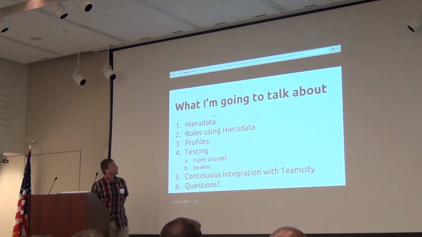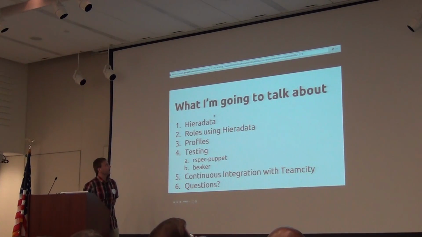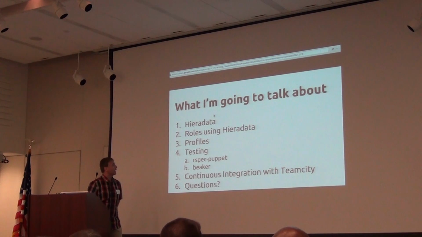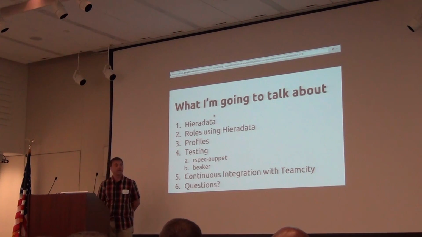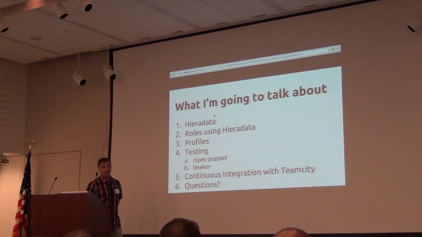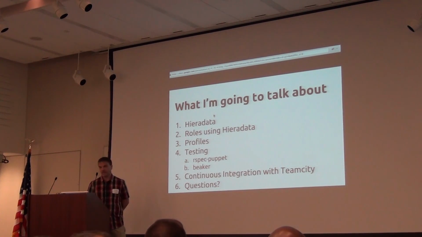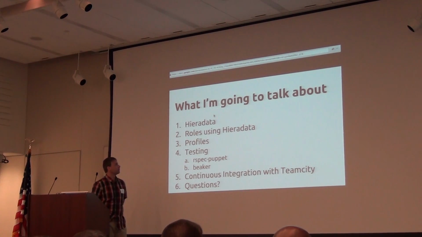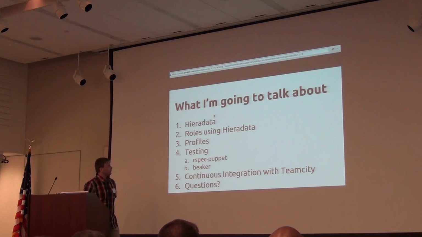So what I'm going to talk about today is, of course, Hiera data. I'm going to talk about putting your roles in Hiera data, using roles as a layer of abstraction for business, and using profiles as a layer of abstraction for your roles as well as your modules and the business logic. And then we'll talk about testing.